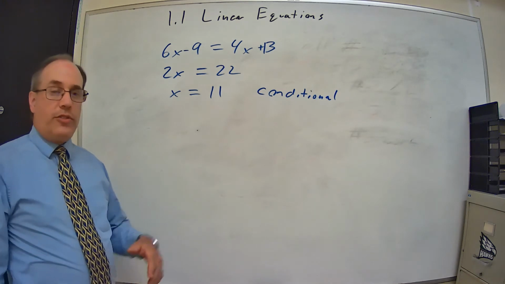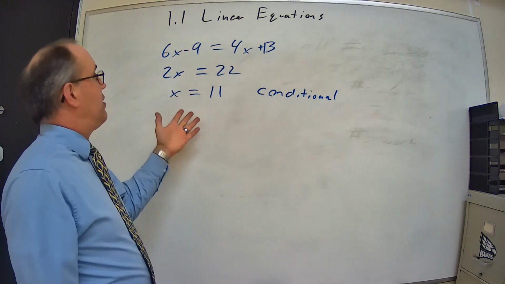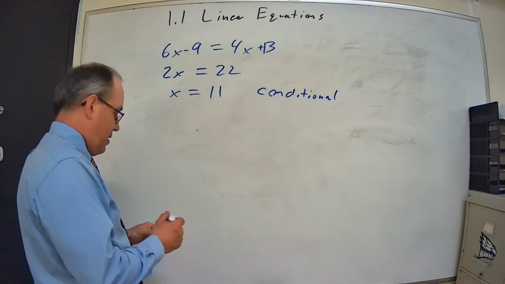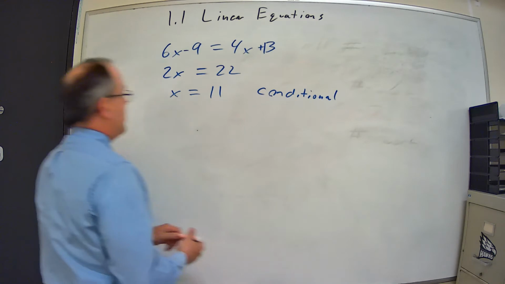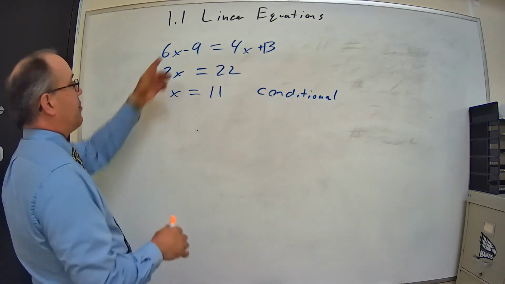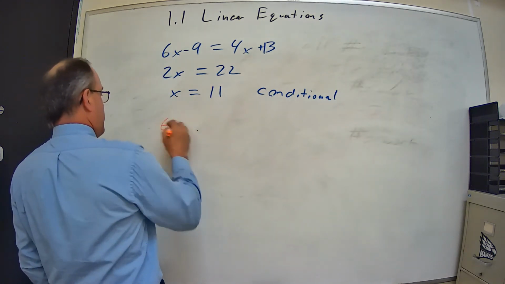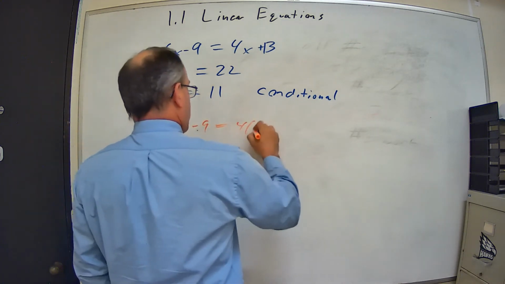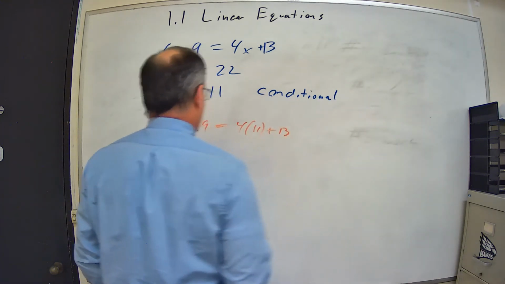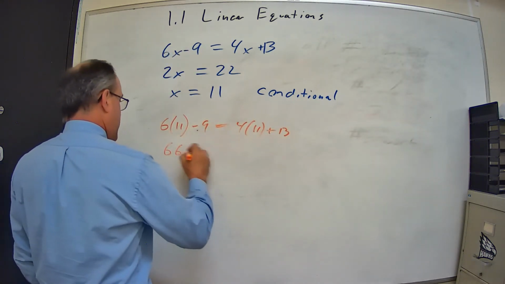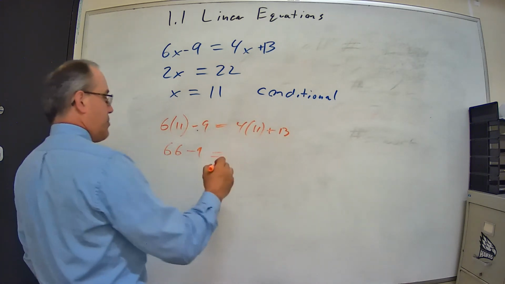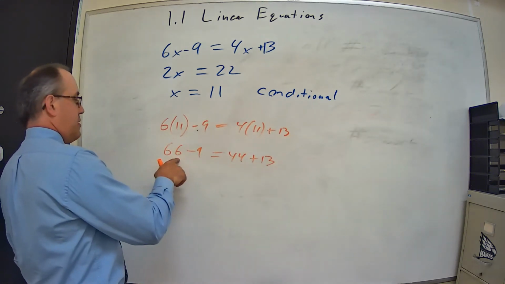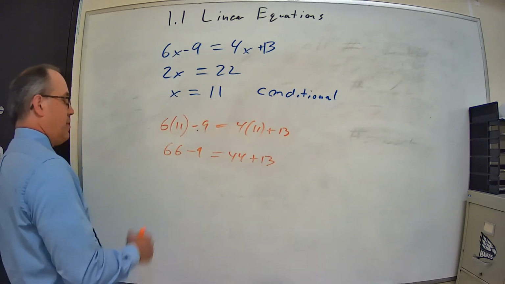Now, we should always check and see whether it actually works. So you solve and then you check. Checking this, we plug our solution into the original equation and see how it works. 6 times 11 minus 9 equal to 4 times 11 plus 13. 6 times 11 is 66 minus 9. 4 times 11 is 44 plus 13. 66 minus 9 is 57.